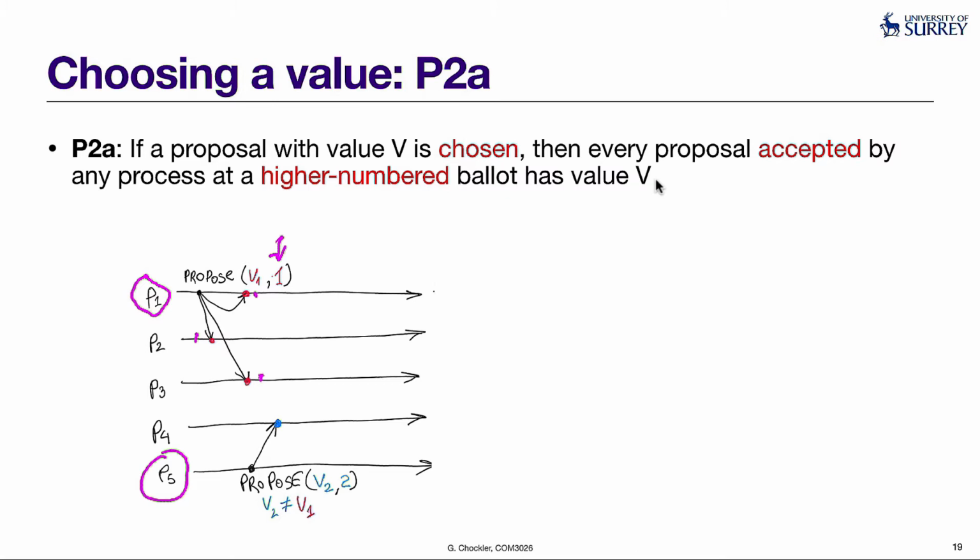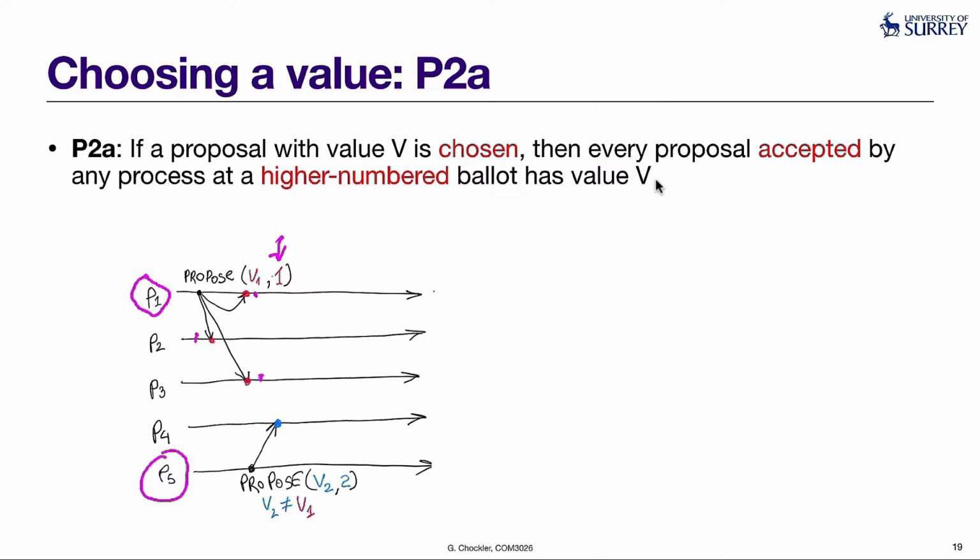And so value V1 gets chosen at ballot number 1. Now we have a different process, P5, which also considers itself a leader, and it goes ahead and proposes a different value, a blue value, V2.